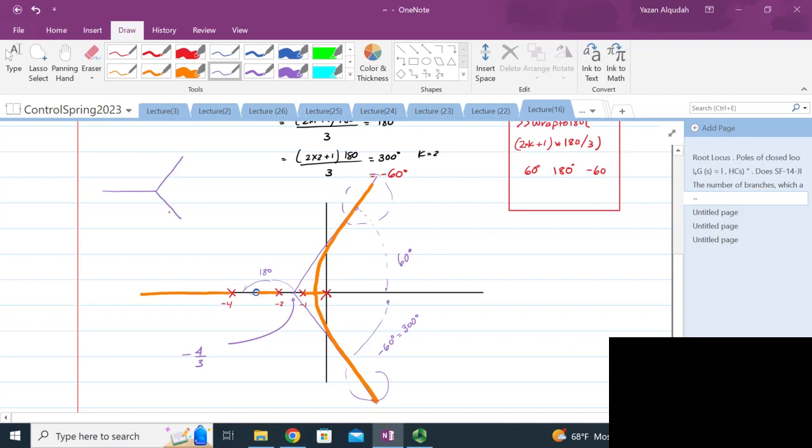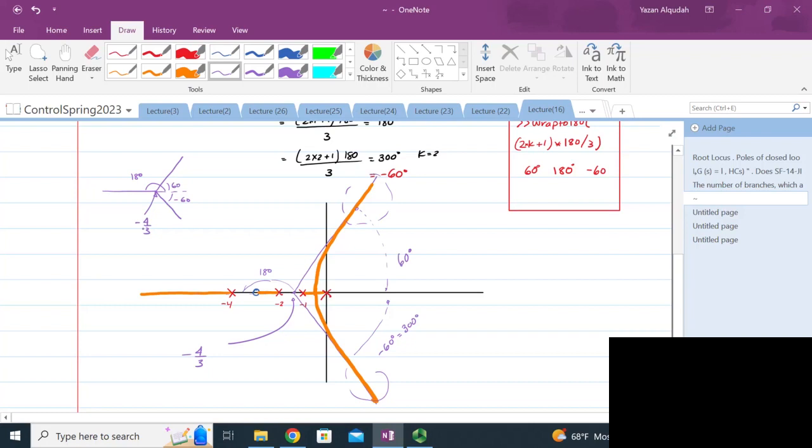So this is what the formula told me about the asymptotes. I have one that is at 60 degrees, one that is at 180 degrees, and one that is at negative 60 degrees. And they all meet at this point here. The asymptotes, which are lines parallel to the root locus, are going to meet at negative 4/3.